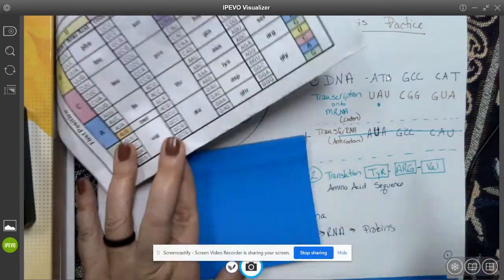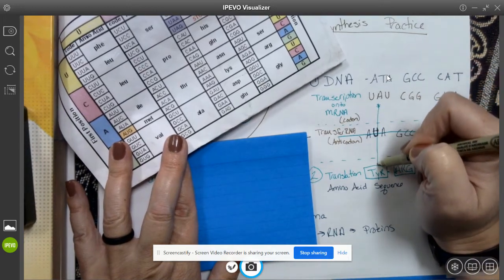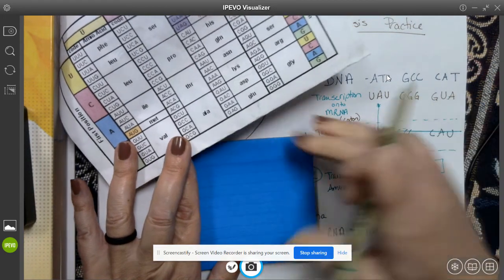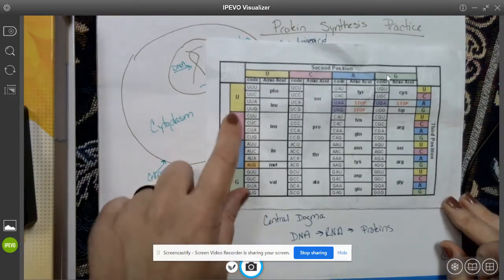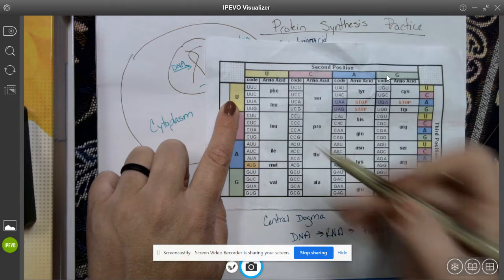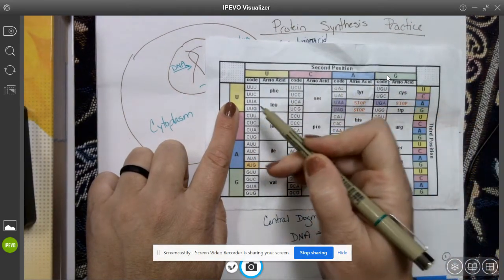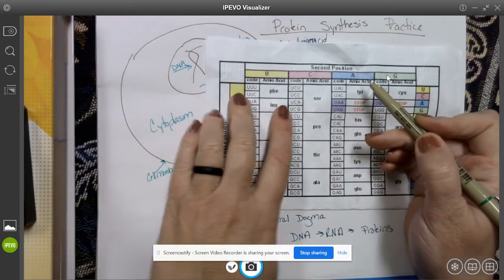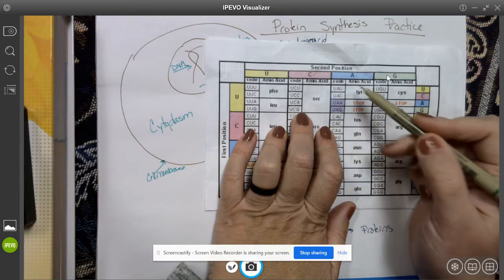So taking a look at UAU, go to our decoder. U is in the first position, so it means it's somewhere in this row. A is in the second position, so it's somewhere here.